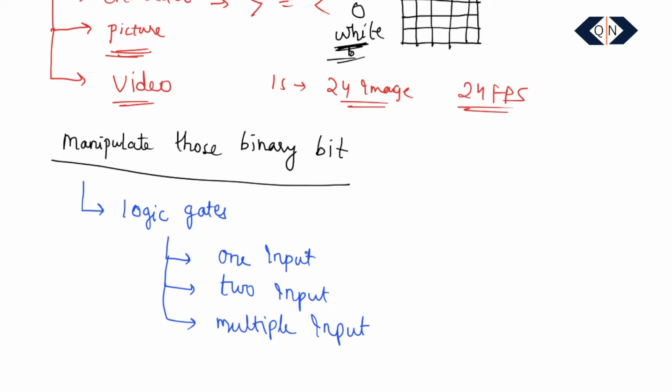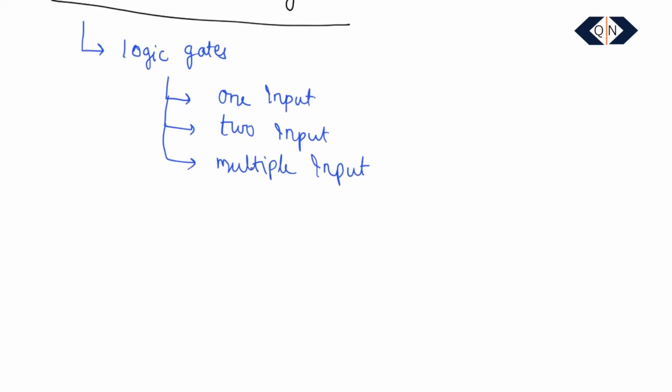First we see what a one input logic gate is, then we will look at two inputs, and then we will go further to multiple input logic gates. With the help of logic gates, we manipulate the bits. And why do we manipulate these bits? So that we can compute various functions with the help of bit manipulation.